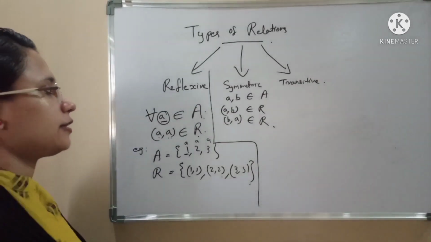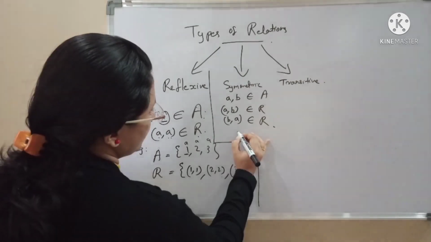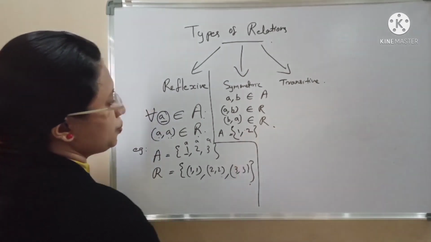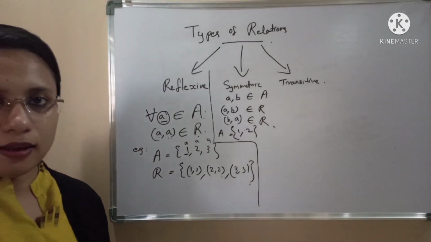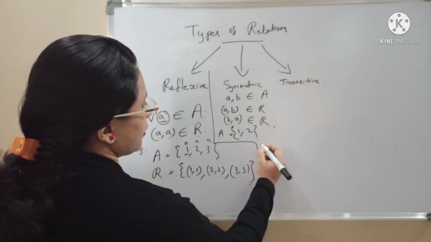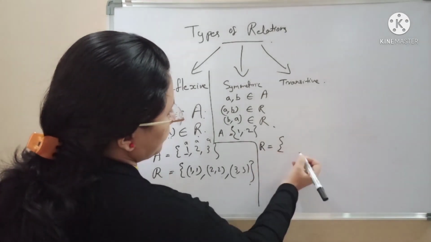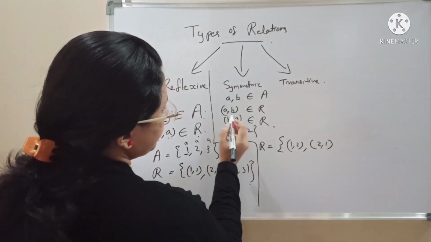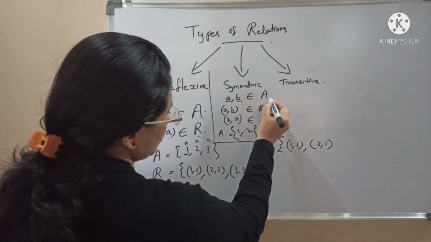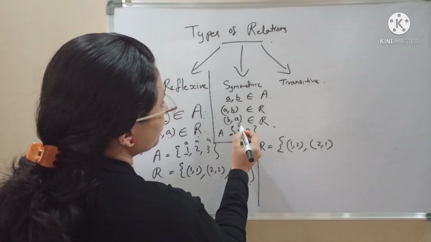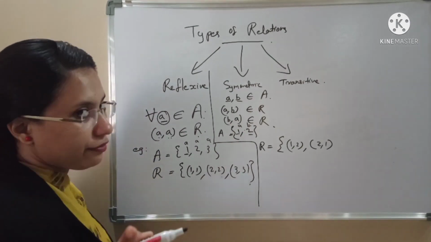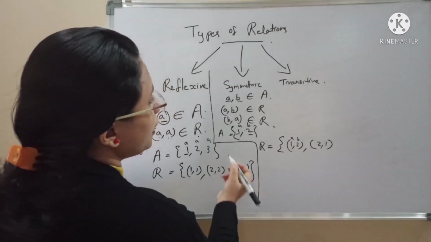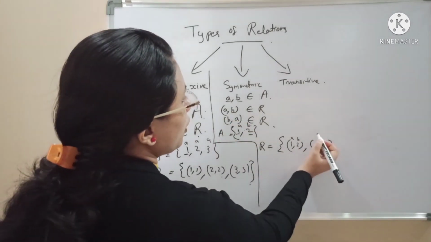For example, suppose A equals {1, 2}. 1 and 2 are there in A. Then what will be there in R? (1, 2), then (2, 1). So a and b belong to A, that is 1 and 2. If that's the case, then (a, b) belongs to R, and also (b, a) belongs to R.